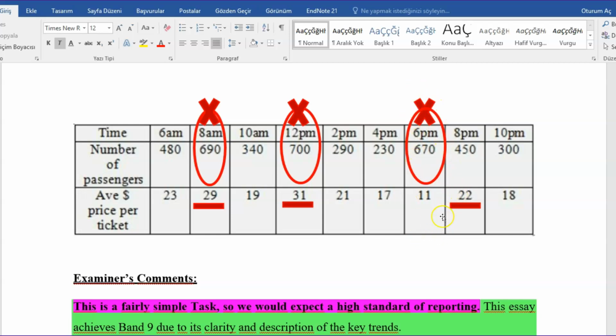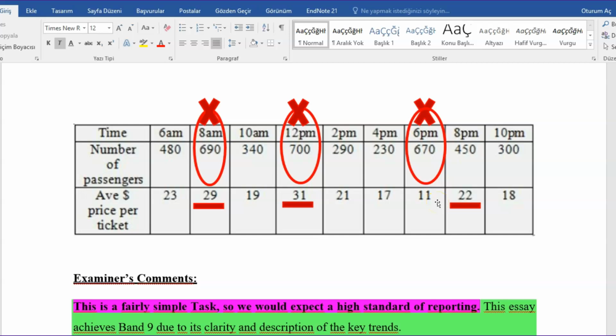Pay attention that we have one exception: $11, while at 6 p.m. we have the most passengers. At this point we don't have the highest price. Instead, the price peaks at 8 p.m. Therefore we have to talk about this as our exception, and specify it in our essay.